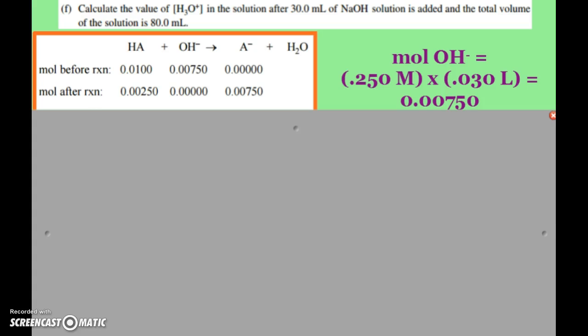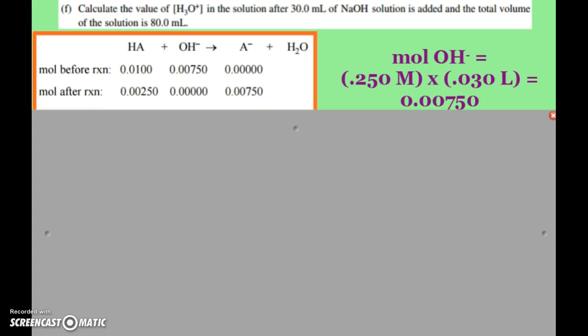My moles of hydroxide, I know my molarity from above, 0.25 molar, and I've added 30 mils, so that's how I know that I've got 0.00750 moles of hydroxide. So we haven't hit the equivalence point yet, so 40 milliliters of sodium hydroxide is the equivalence point.